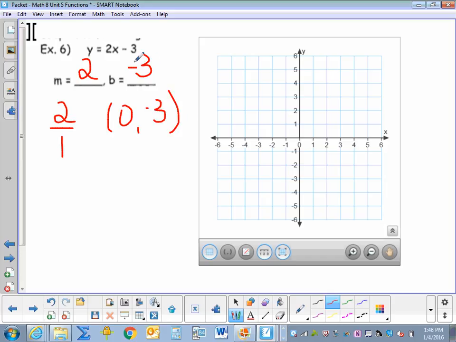We can just say the y-intercept is going to touch that y-axis. So 0, -3, and then we have a slope of 2. We're going to rise 2, run 1. Rise 2, run 1. And we'll draw a line.